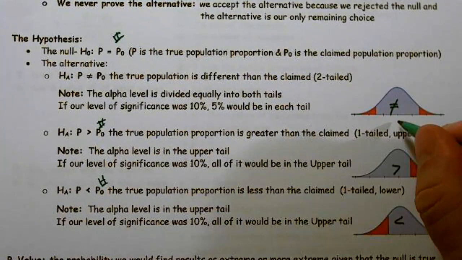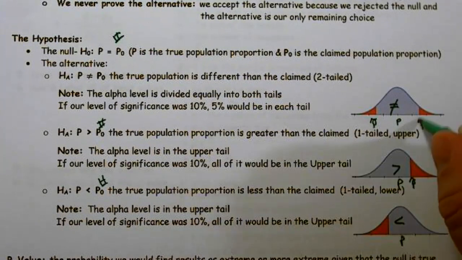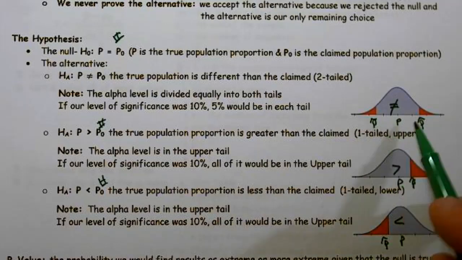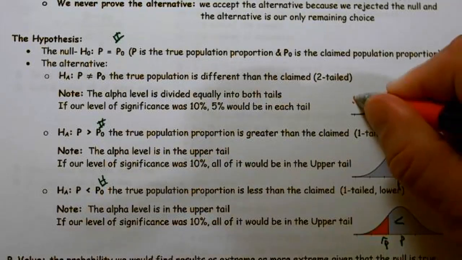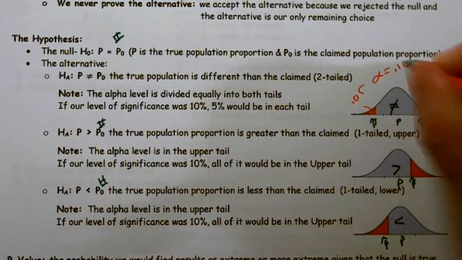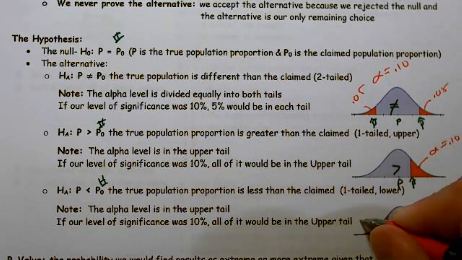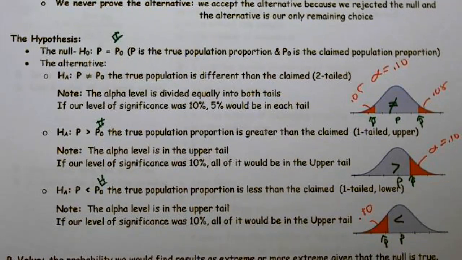We're going to be centered on P, and then we have our little P hats. Is P hat less than, is P hat greater than, or is P hat not equal to? Alpha is still the area in the tails. So if we had an alpha of 10%, this would be 0.05 and 0.05. In this case, it's one tail, so alpha is completely in one tail, as is this one. So that's the area in the tails.